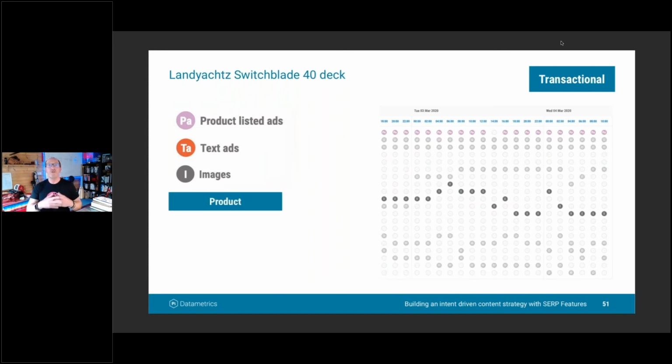And again, this is not only telling us the type of content that we need to produce if we are going to meet the searcher when they come through this transactional SERP doorway, if you like, but we're also understanding how we can start to structure our URLs and indeed our site.